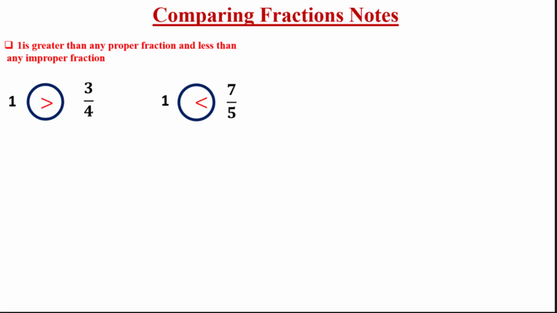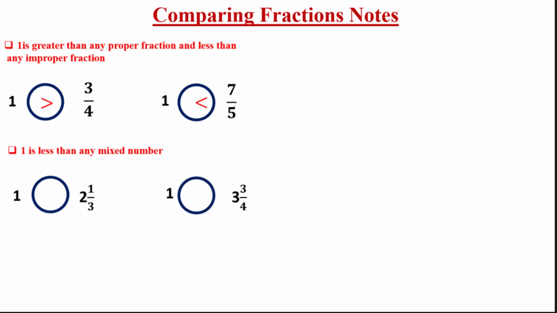Now we can get that 1 is less than 7 over 5. The second note, 1 is less than any mixed number. If we compare between 1 and a mixed number, then 1 is less than any mixed number. 1 is less than 2 and 1 over 3, and 1 is less than 3 and 3 over 4.